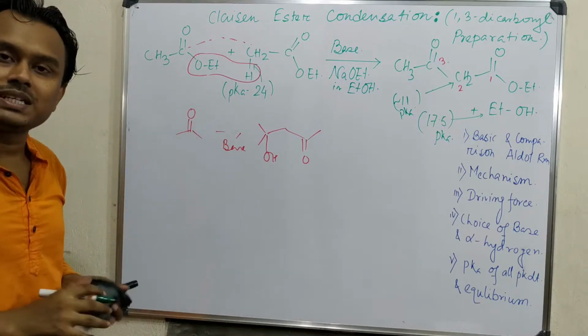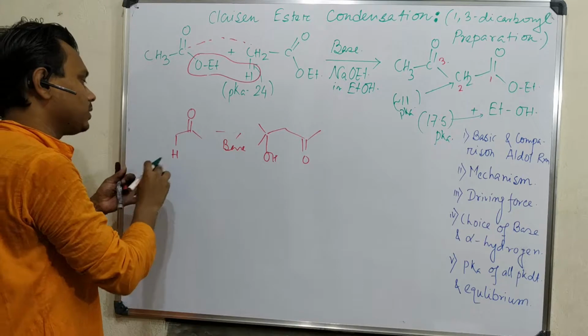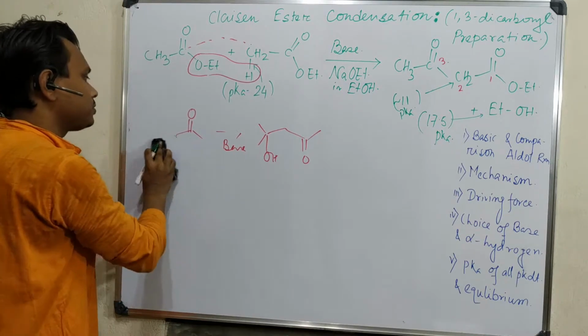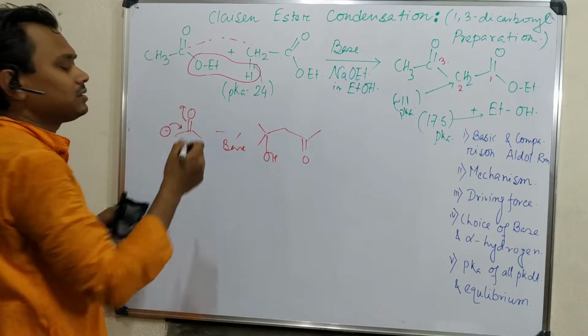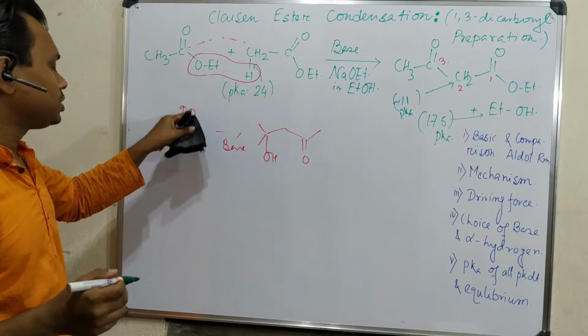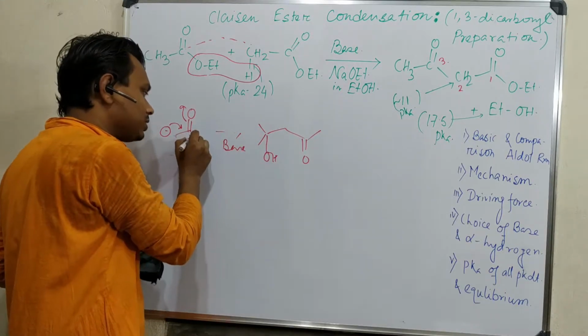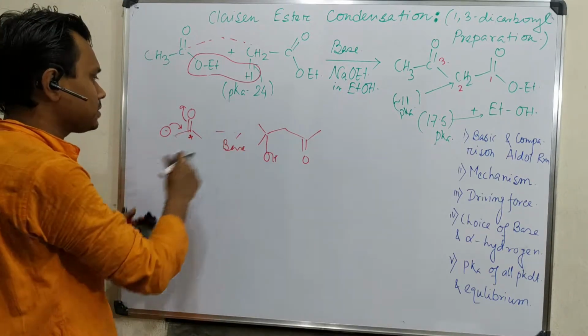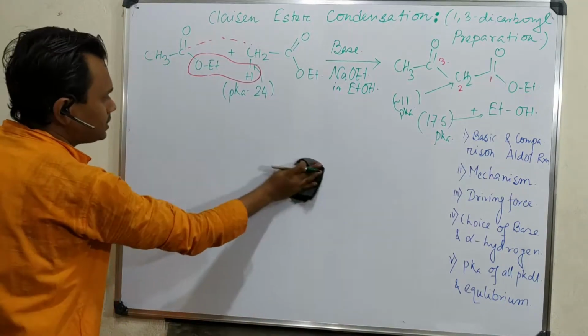This reaction proceeds through an enolate. After abstraction of the proton, this produces an enolate, which is resonance stabilized, and in this way it produces a nucleophile. That nucleophile attacks another molecule of carbonyl, which is the electrophilic center, and produces the final beta hydroxy carbonyl. So this basic concept will be utilized here.